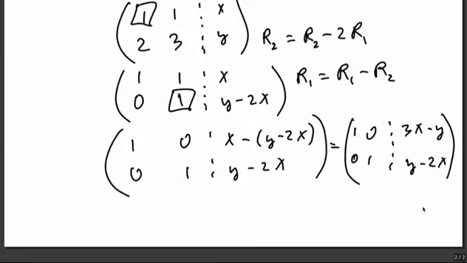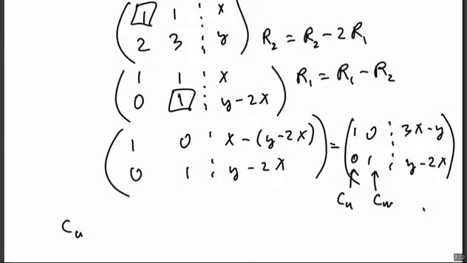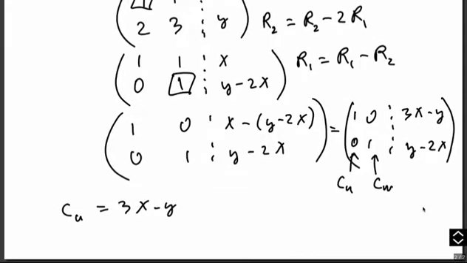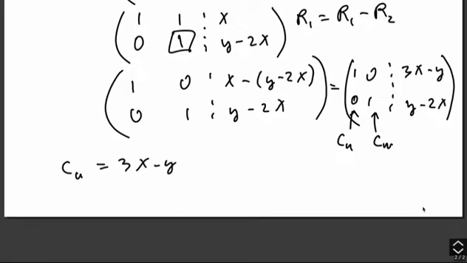Since the first column corresponds to the Cu coefficient and the second column corresponds to the Cw coefficient, what we obtain is that Cu is 3x minus y. We also obtain Cw, but let's not worry about that. Since these are long calculations, let's just calculate with Cu.